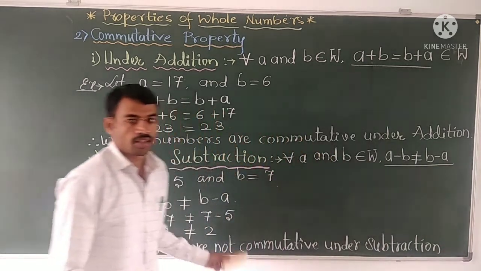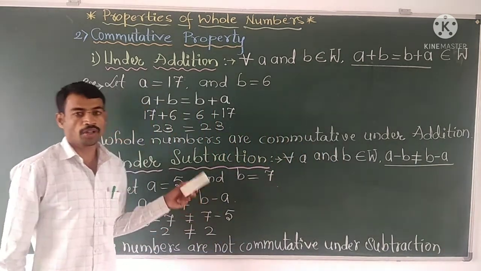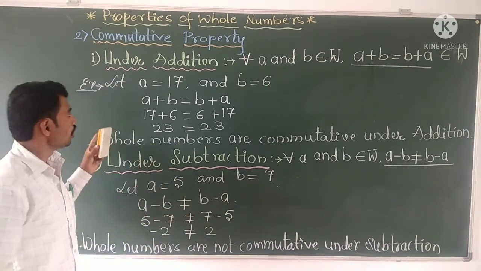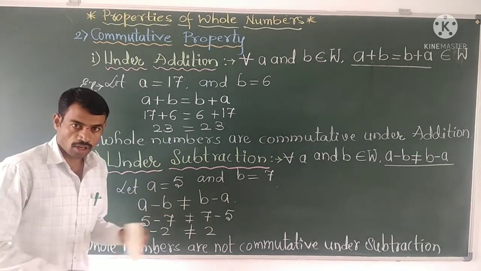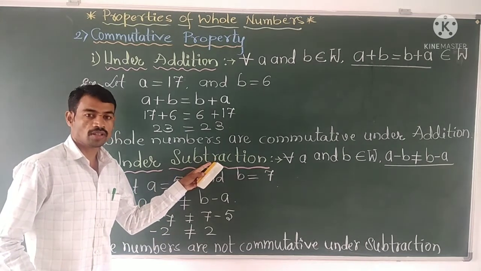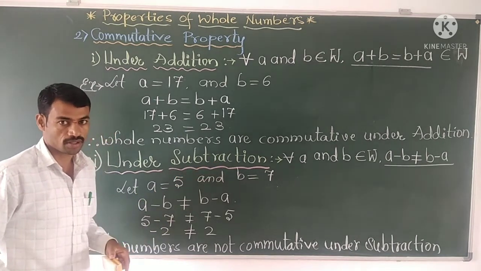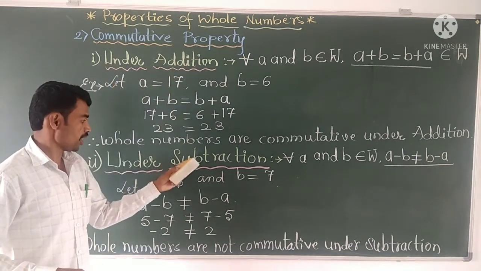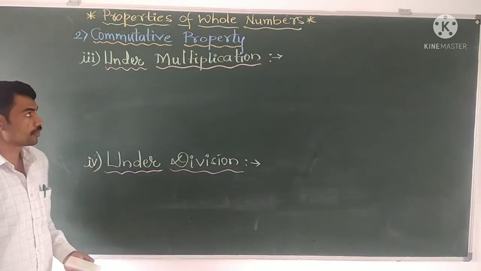It means the commutative property of whole numbers is not applicable for subtraction of whole numbers. Clear? Next we have to see multiplication and division.